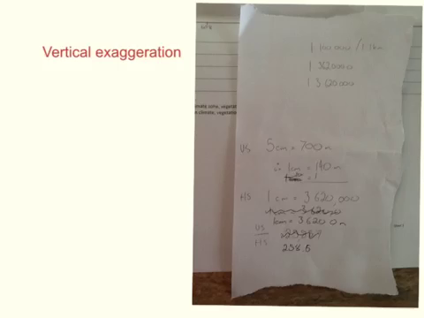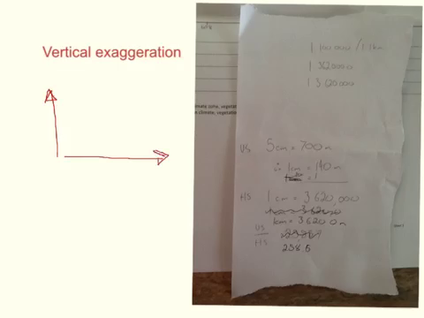Always, when you're dealing with scales and vertical exaggeration, you've got to make sure that your measurements are in the same unit. And that was the mistake I made when I first did it. Basically, vertical exaggeration is telling you how much the vertical scale is exaggerated to the horizontal scale.